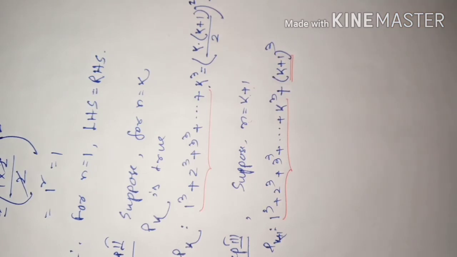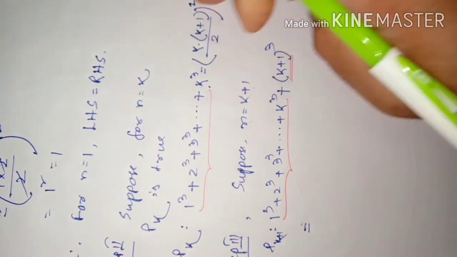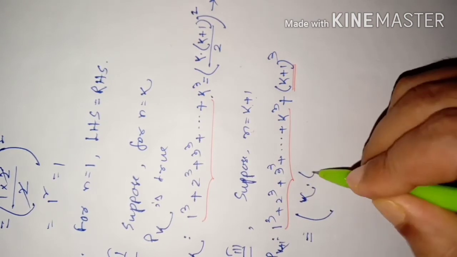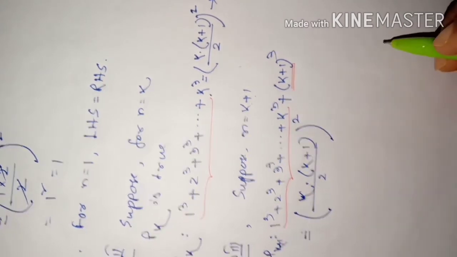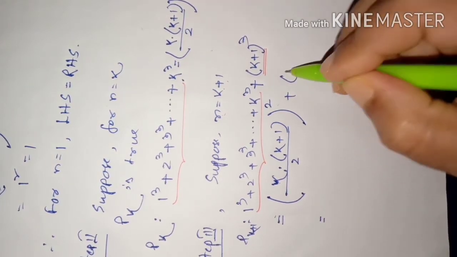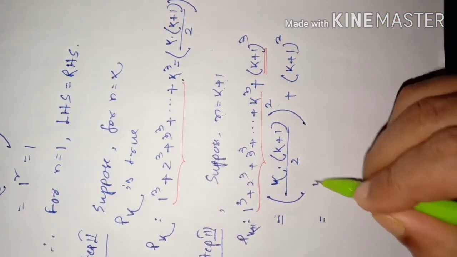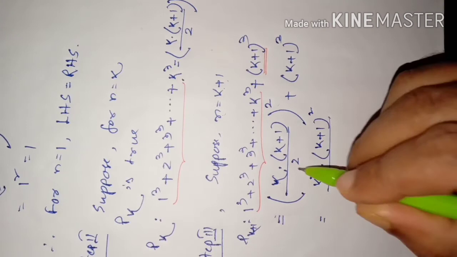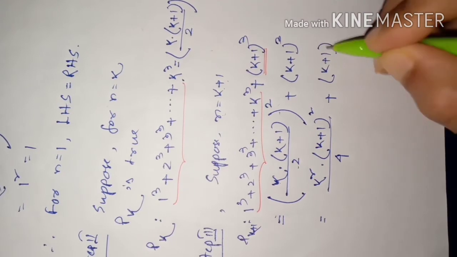Now dear students, what you have to write? For this from here to here, what is the sum that you have? That is, in bracket, k into k plus 1 by 2, the whole square. Okay. So then it will be equal to plus, now this is k plus 1 whole cube. So dear students, just you see, if you open this one, it will be k square into k plus 1 whole square by 2 square or 4, plus k plus 1 whole cube.